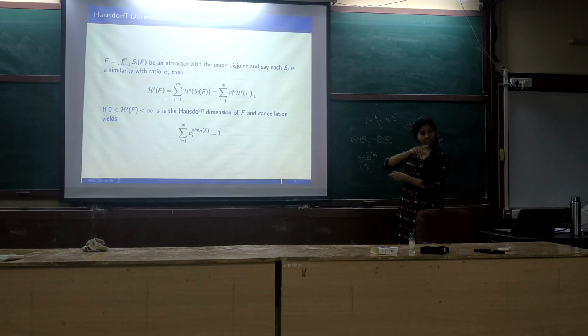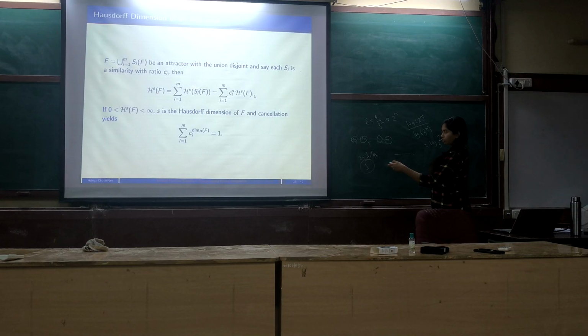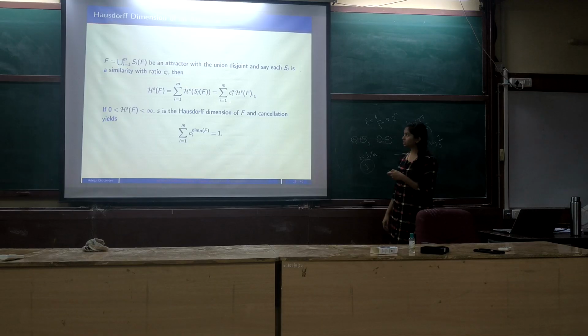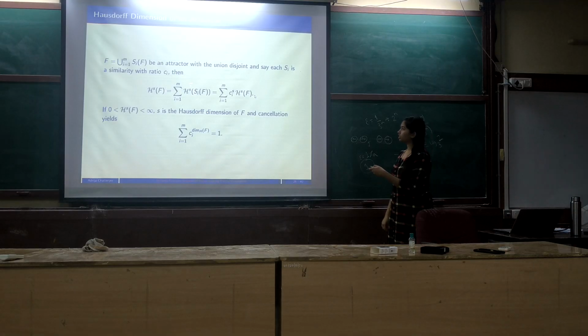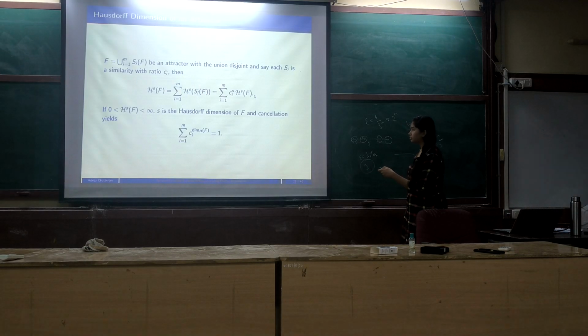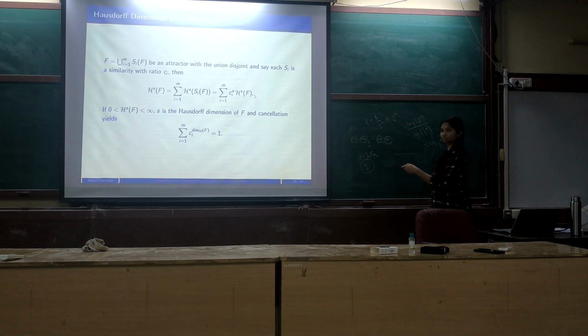So measure adds up when the union is disjoint. And obviously the Hausdorff measure of Si of F will be equal to Ci power s times Hs of F because of scaling. So when you scale a set, the Hausdorff measure scales by Ci power s.